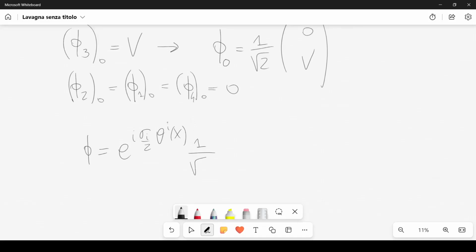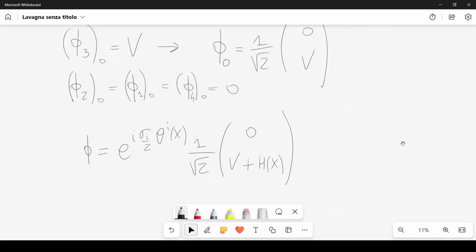Then we have 1 over square root of 2, then 0, and then v plus h of x. So v is a constant with respect to x, but here we add another parameter. So we have three parameters here and another parameter here. So we still have four parameters, and this is a generic state because we have four parameters which are capable of describing an SU(2)_L doublet.